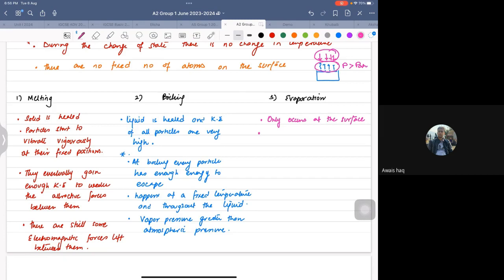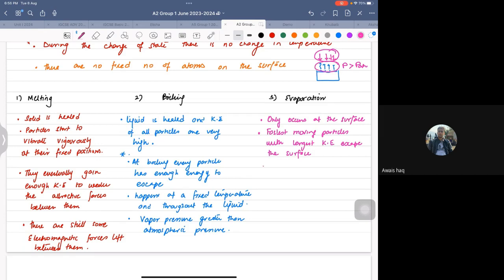Number two, the fastest moving particles with the largest kinetic energy escape the surface. So it does not happen throughout the liquid, it's just on the surface. So that's the biggest difference, right?